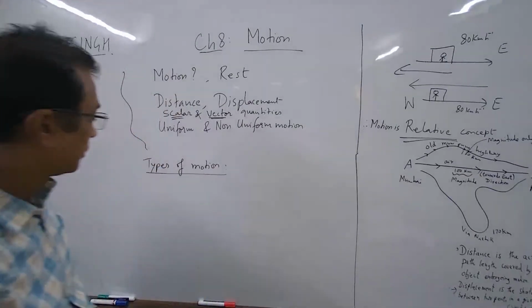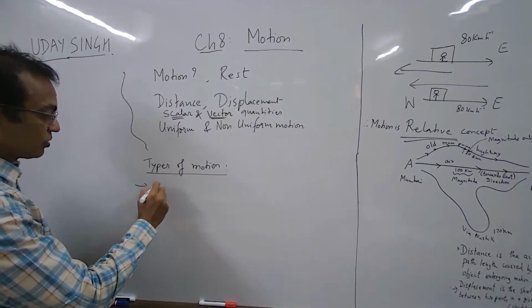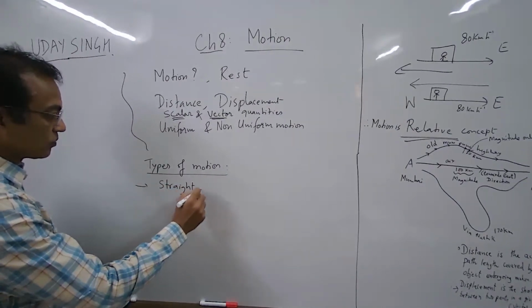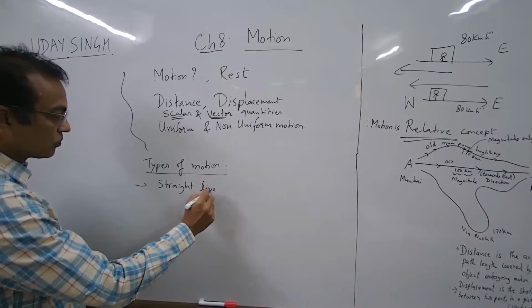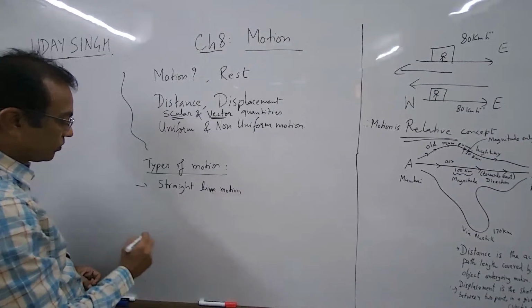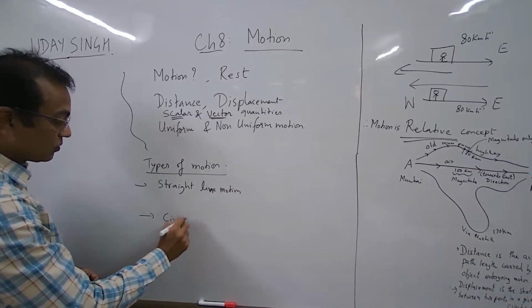Okay. So we already discussed two types of motion: straight line motion and circular motion, right?